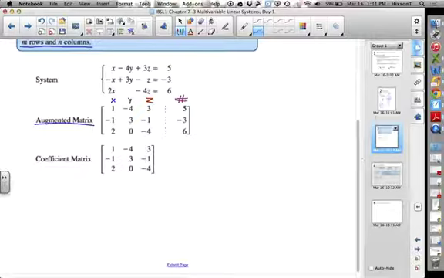This is the coefficient matrix, but I could rewrite this whole equation by multiplying it by this 3 by 1 vector, x, y, z, and have that equal to the constant matrix 5, negative 3, 6.